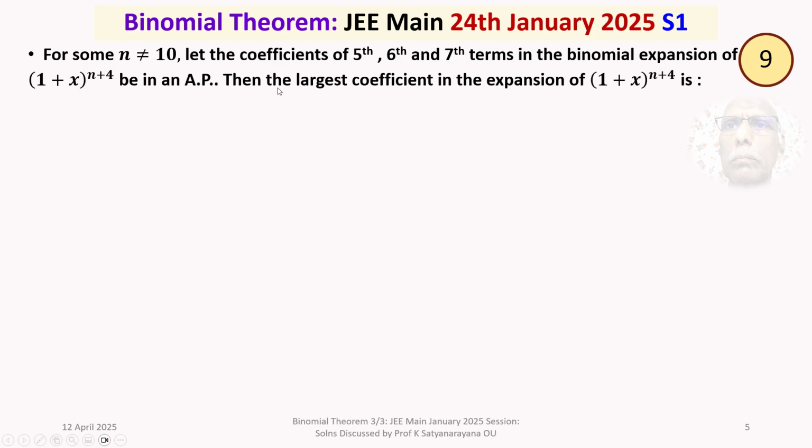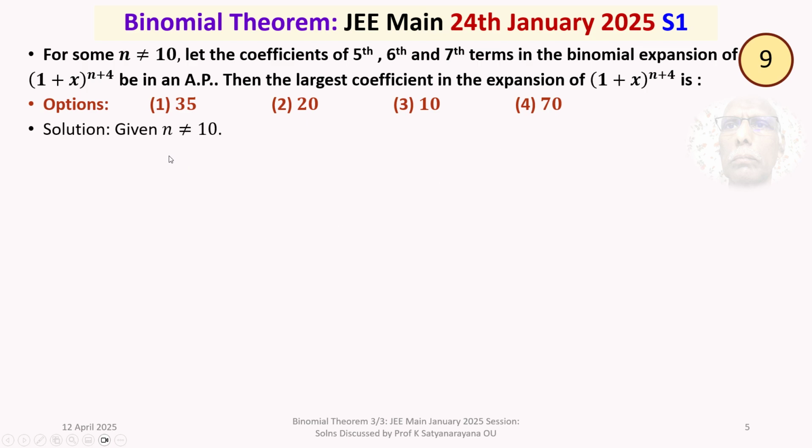Then the largest coefficient in the expansion of (1 + x)^(n+4) is. Let's now discuss the solution of the problem in detail. Before that, we are given 4 options. The options are option 1, 35, option 2, 20, option 3, 10, option 4, 70.